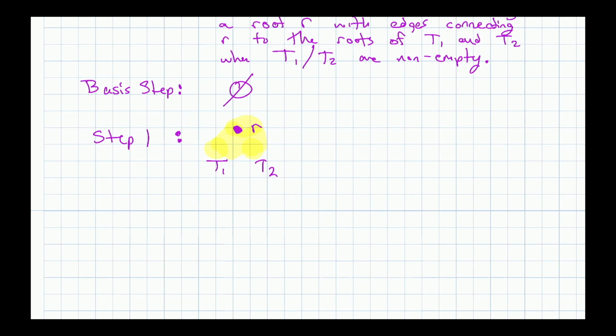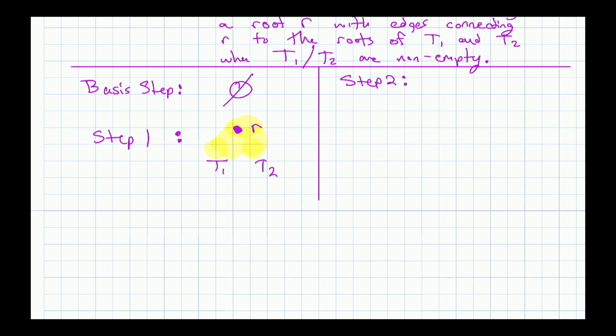But now that you've got that, we actually have something to build new binary trees out of. So now the step two binary trees, what they would look like is, well, we've got a few different choices now. We could have T1 be nothing, and then T2 could be a dot, right?